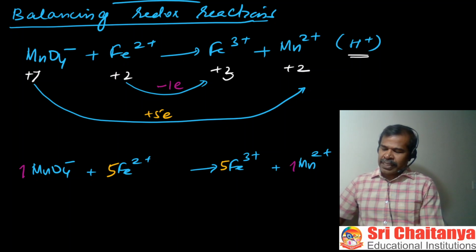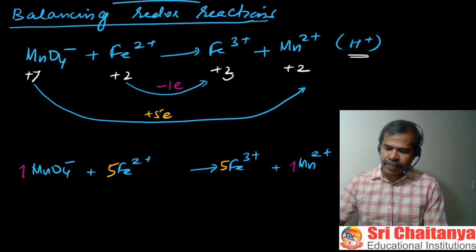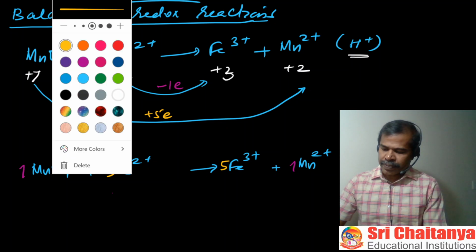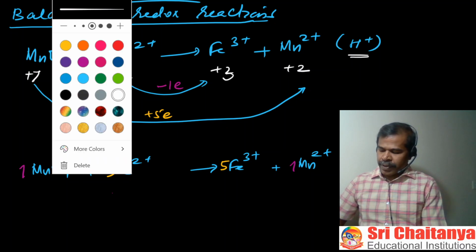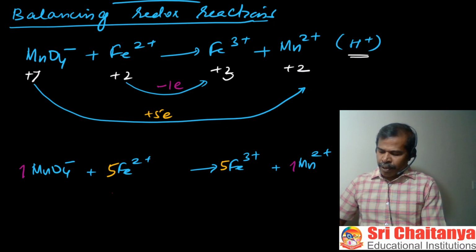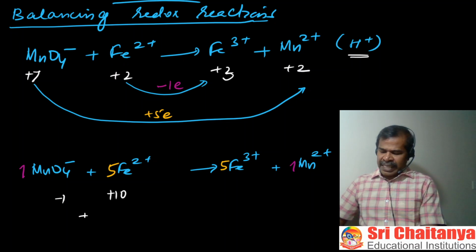So if you balance the charges, there are 5 Fe²⁺, 5 into 2, 10 plus here. So there are total plus 10, and here it is -1. So the net charge on the left side is plus 9.